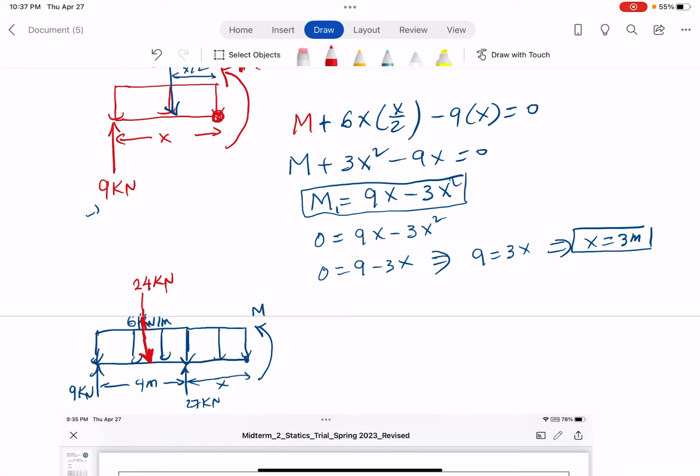And the second load for the X is 6 times X, 6 kilonewton times X. And of course, it is X over 2 from here.